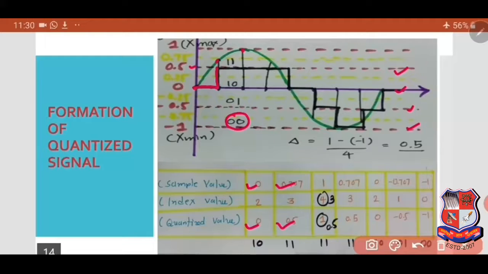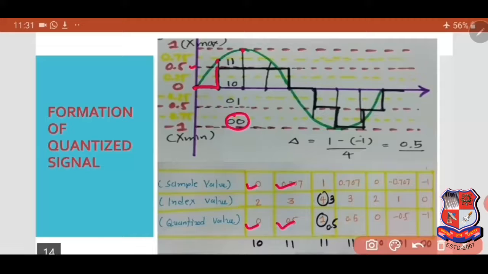Those four levels go up to the quantized value 0.5 only. So we cannot proceed for that magnitude 1. So what we do, we just take the next index value, that is in place of 4 we take 3. And for the index value 3 we will get the quantized value of 0.5, okay, understand.